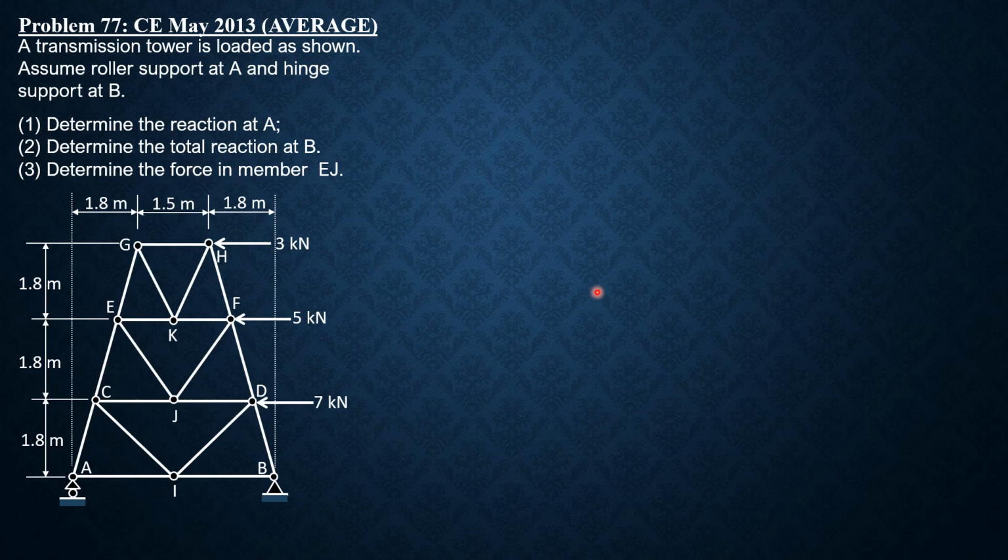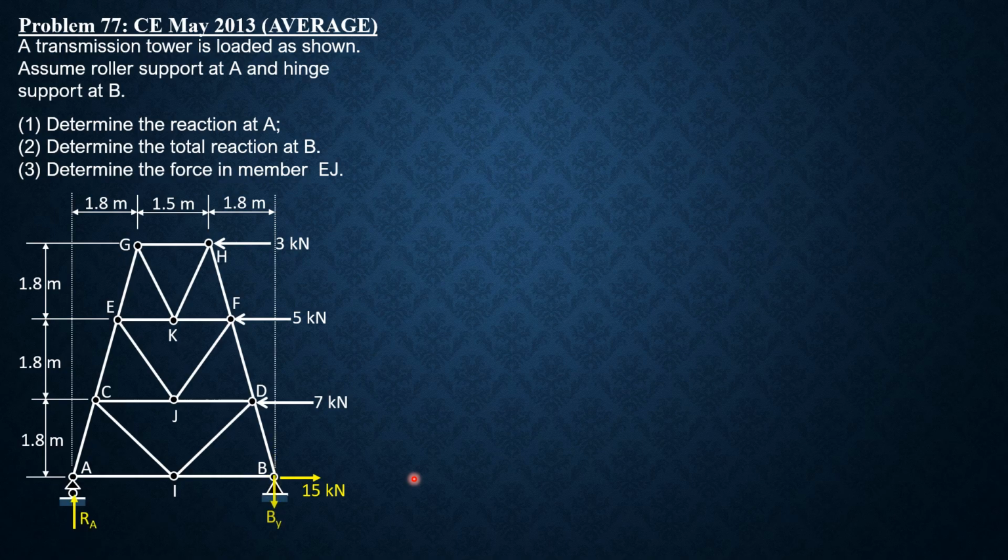This is the figure. So because this is pin support and this is roller support, we expect vertical reaction at A. R sub A is upward. And summation forces X, 3 plus 5, 8 plus 7, 15. So the horizontal reaction at B is 15 kilonewtons rightward, and the vertical reaction is downward.